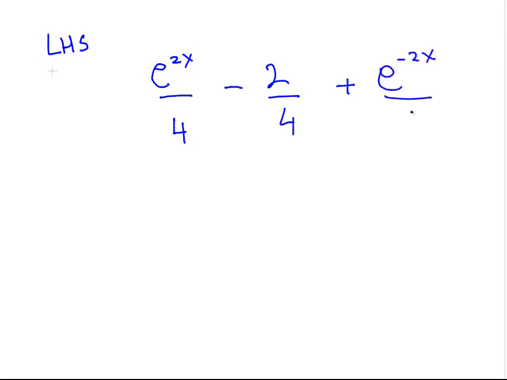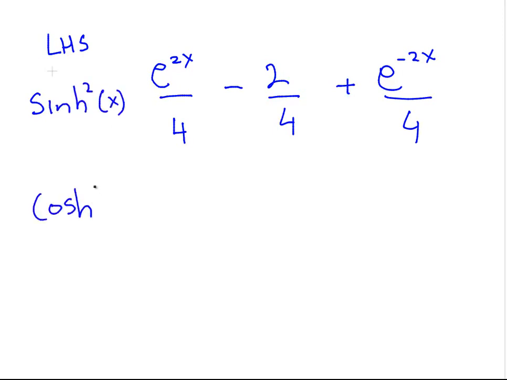So let's write them out again. Left hand side: e to the 2x over 4 minus 2 over 4 plus e to the minus 2x over 4. That was sinh squared of x.